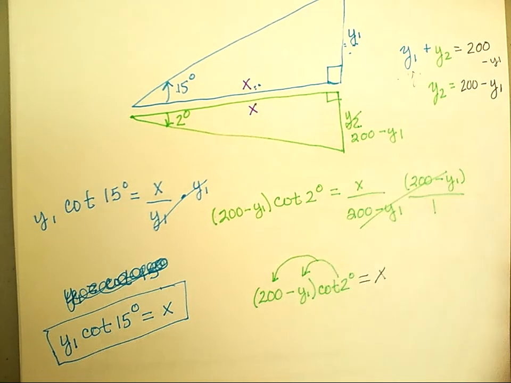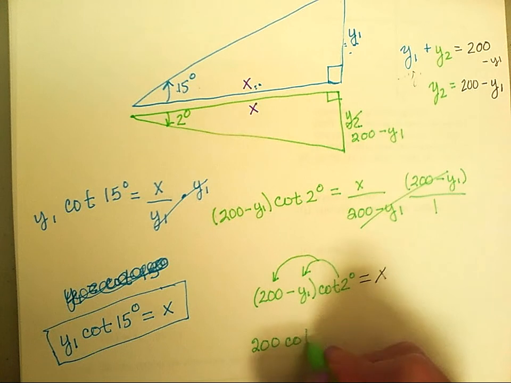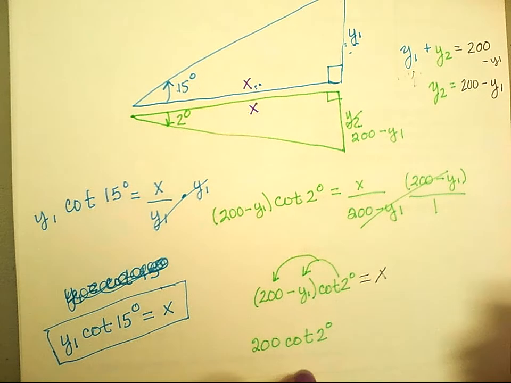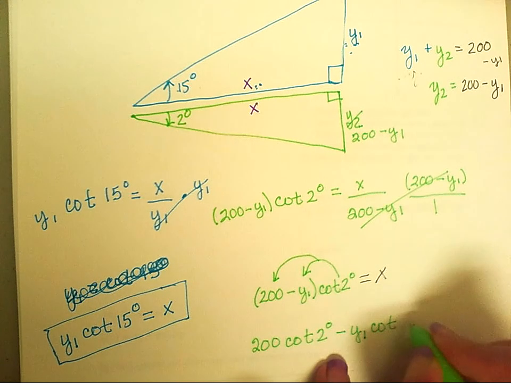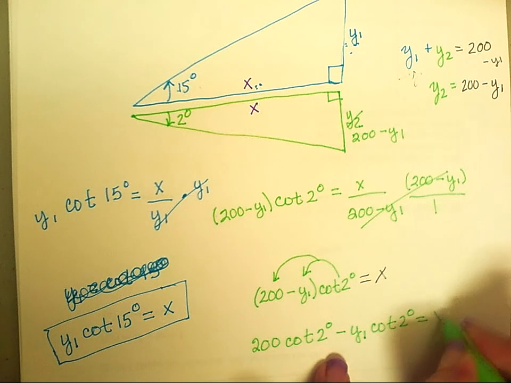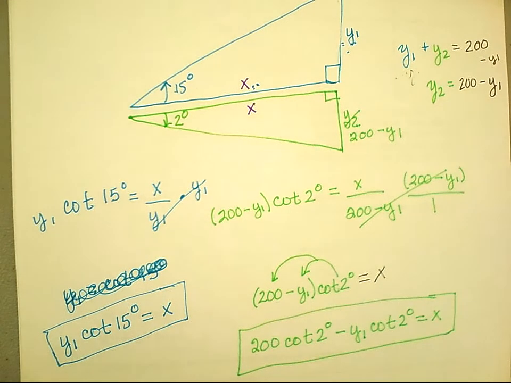Because the cotangent of 2 degrees is a constant. It's an irrational number. But let's distribute it. So this is 200 times the cotangent of 2 degrees. Do not forget your degree symbols. Okay. Minus y1 times the cotangent of 2 degrees is equal to x.